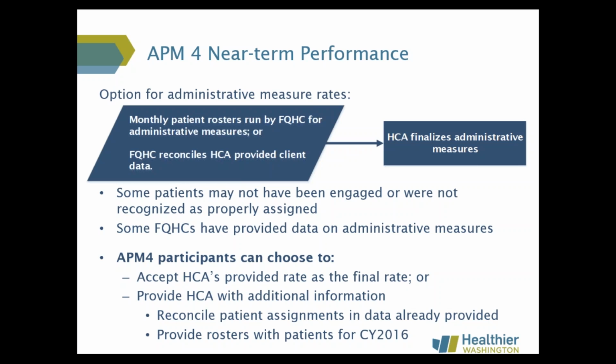If you are happy with your rates from what HCA has provided, we will accept that as a final rate. But we want to recognize those FQHCs and RHCs that are interested in providing us some additional information on assignment to make sure that we're consistent across the self-reported measures and the administrative measures.